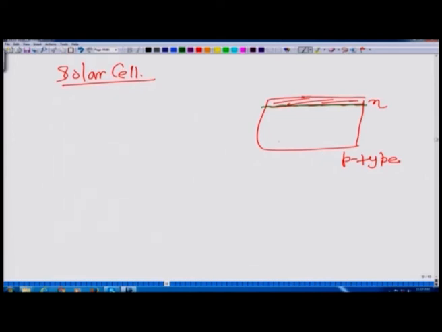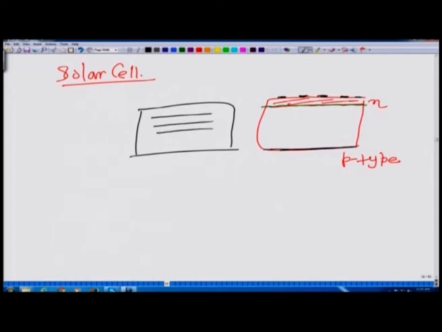The metal contacts are done in a special fashion. The back side is fine, that is full contact. On the front side the contact is in the form of grids, a metal grid. This is that cross-sectional view. If I take this cross section, it will be something like this, and the grids are like these lines, connected here, and in between there is space.